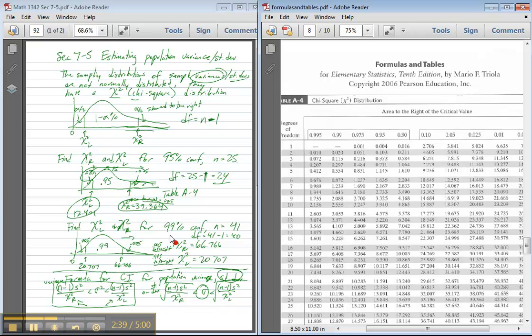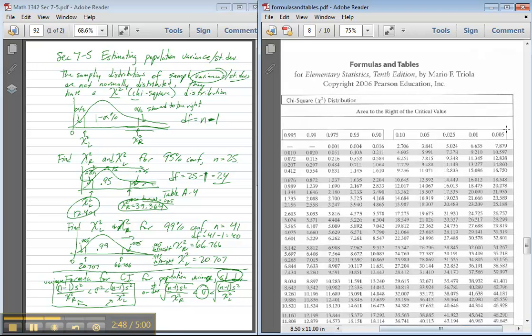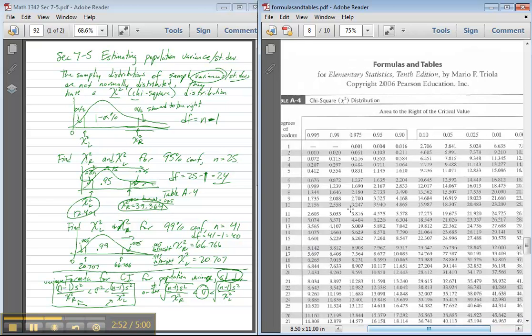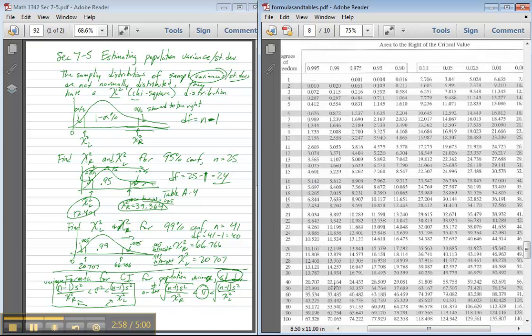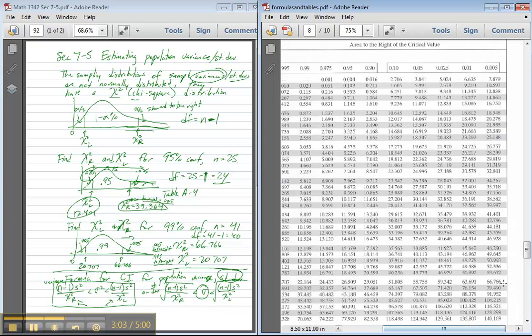We tried another one with 99% confidence with n equals 41, so 40 degrees of freedom, n minus 1. 99% in the middle would have 0.005 in each tail, so 0.005 to the right, over here on the far right column, and then in the far left column would be 0.995. That would be our left critical value. If we follow those down to 40 degrees of freedom, we find 20.707 as our left critical value and 66.766 as our right critical value.